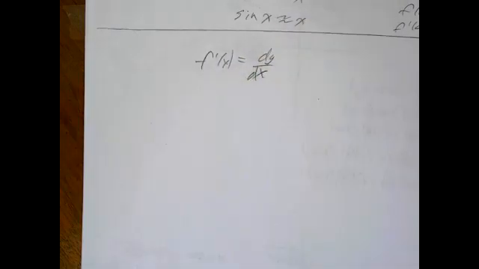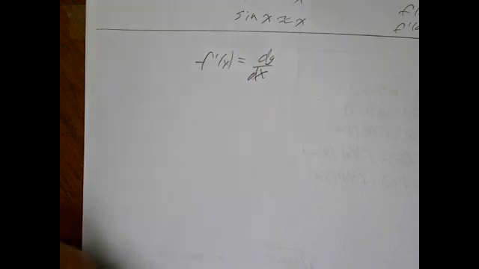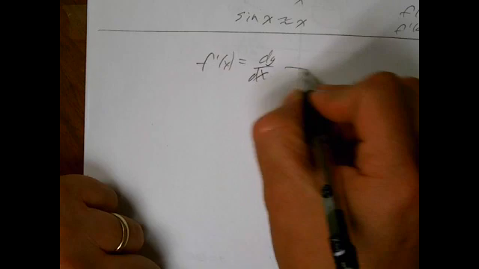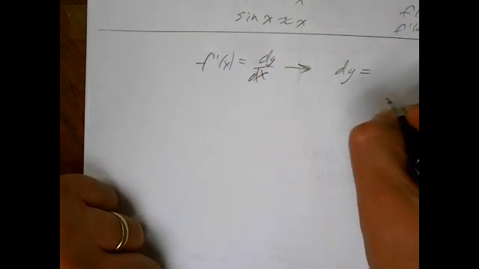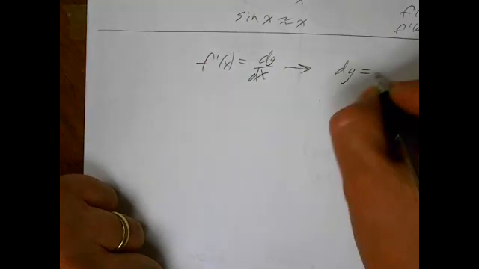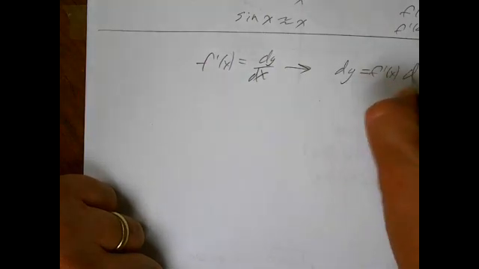When you first see that dy dx notation, you're often told, hey, that's not a fraction with a numerator and denominator. It's a symbol. It's not like it can be broken up and treated like a fraction. In reality, you kind of can. I can multiply both sides by dx, and I find that dy is equal to f prime of x times dx.